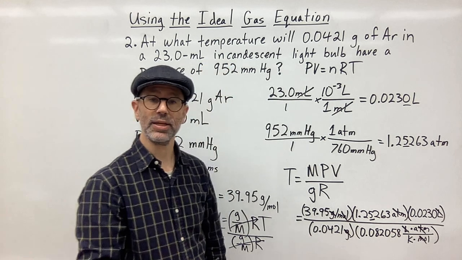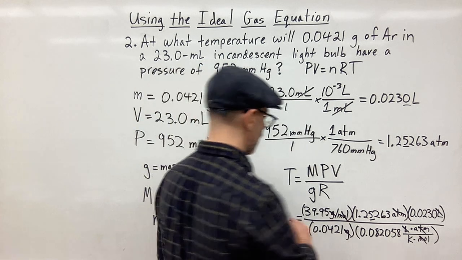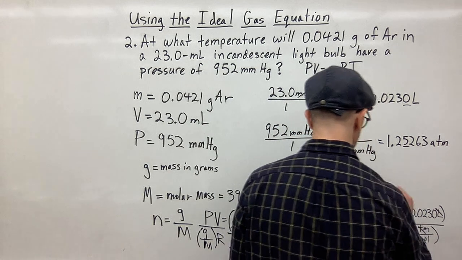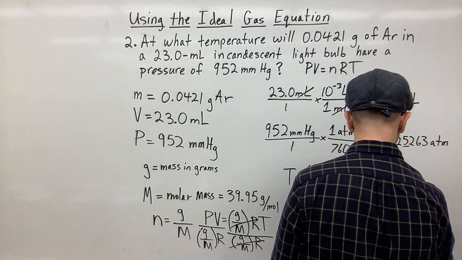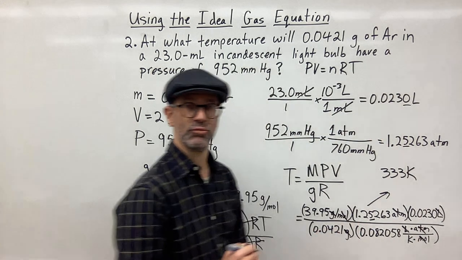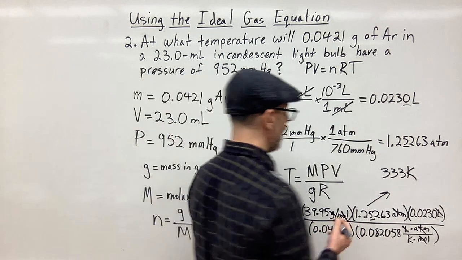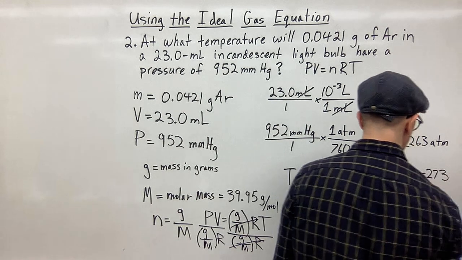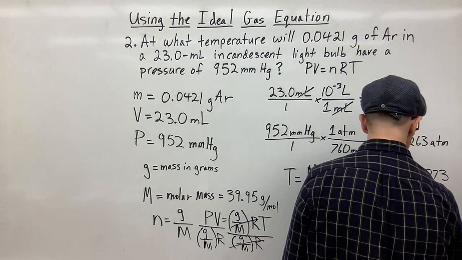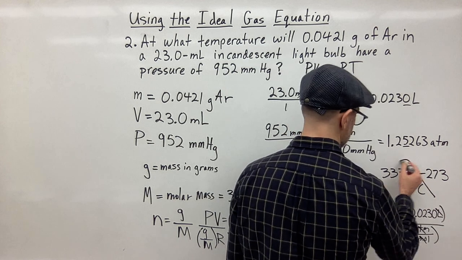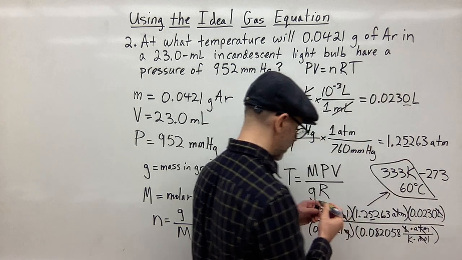So when we calculate this out, I'll write the answer up here, we get 333 Kelvin, just like we did before. And again, if you subtract out 273, then you get 60 degrees Celsius. So this is your answer.